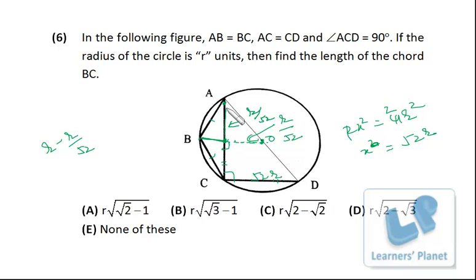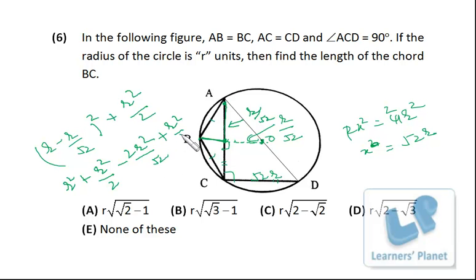Now we have this length, we have this length. So using Pythagoras theorem we can find out this length, right? So for that, square of this plus R square by 2. This is your answer, right? So it is R square plus R square by 2 minus 2R square by root 2 plus R square by 2.